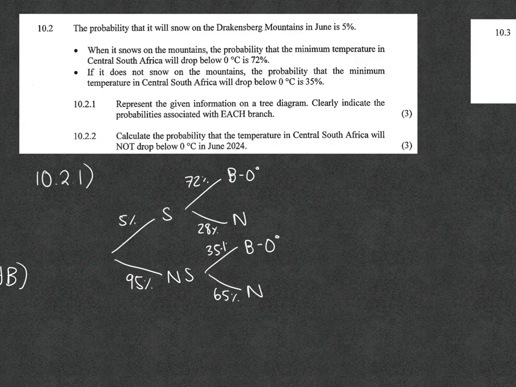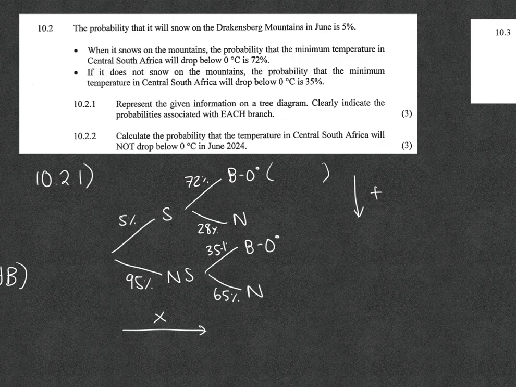Remember, guys, if we go this way on a tree diagram, we times. If we're going that way on a tree diagram, we plus. So if I'm working out this one's probability, it would be 5% times 72%.